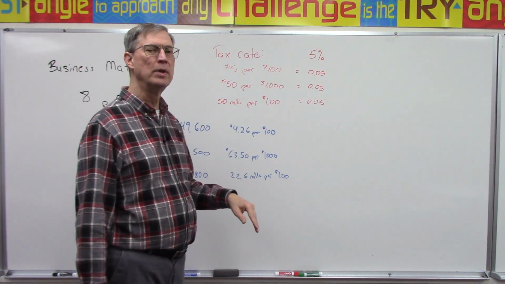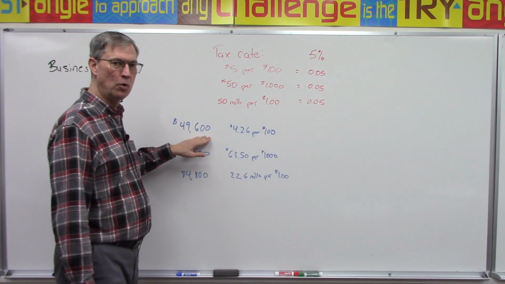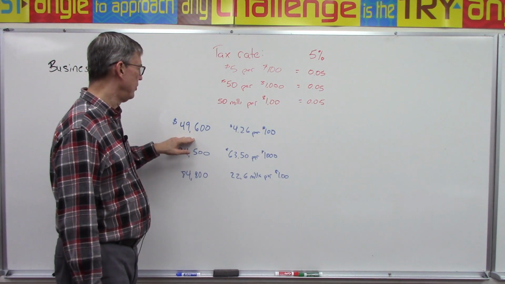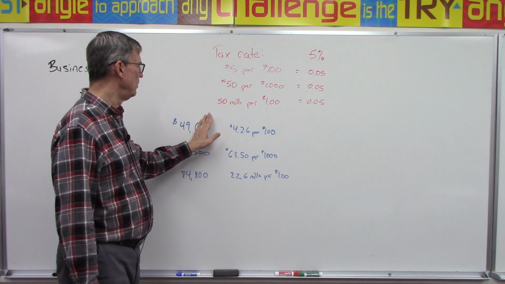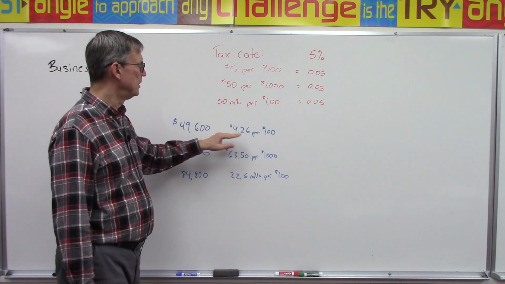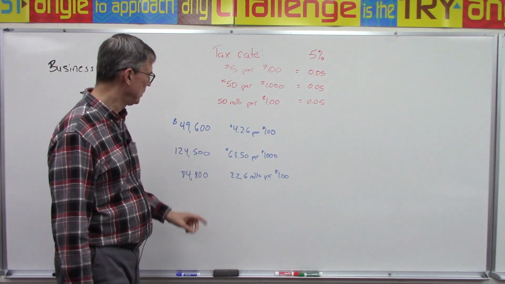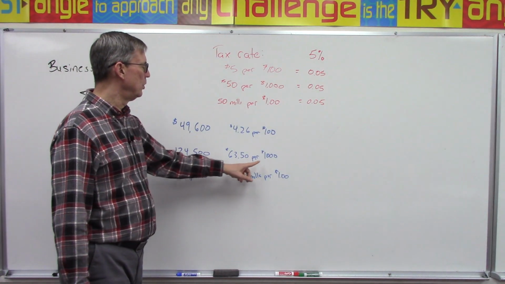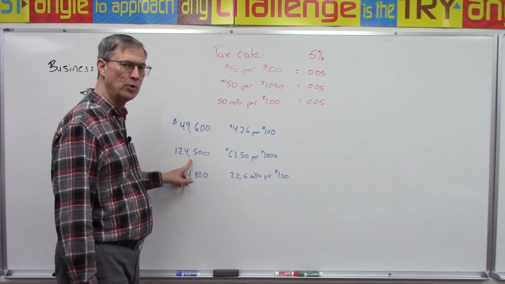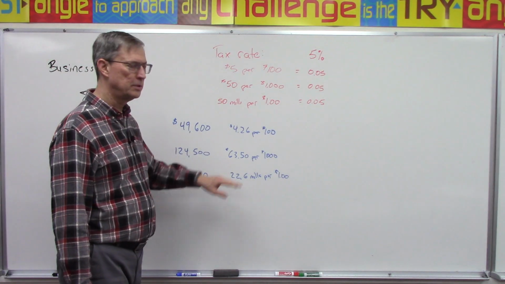The PACE says you could solve it by taking the assessed value of the home and dividing by 100 to figure out how many hundreds I have. So this divided by 100 would be 496 hundreds, and then I could take that times the $4.26, and you'll have the answer. This is a price per thousand, so if I divided this by 1,000, I would have 124.5 thousands times the 63.5.